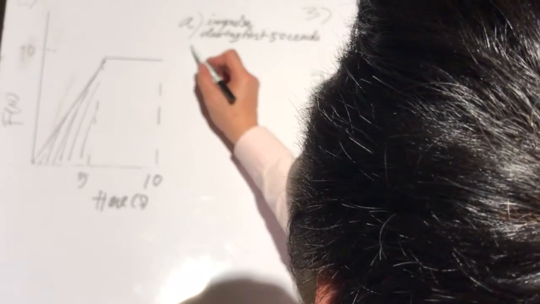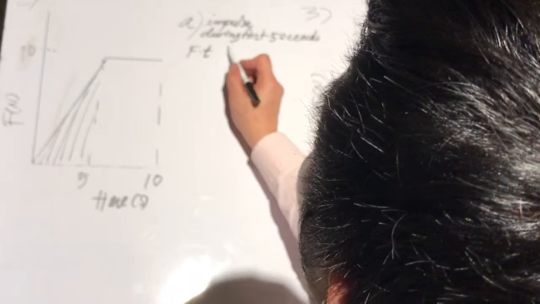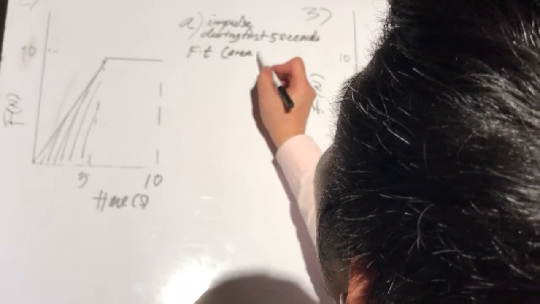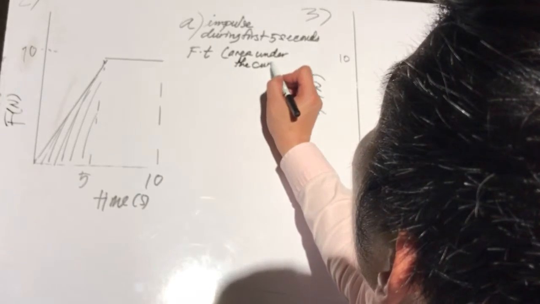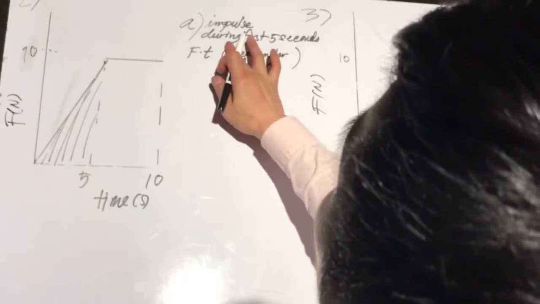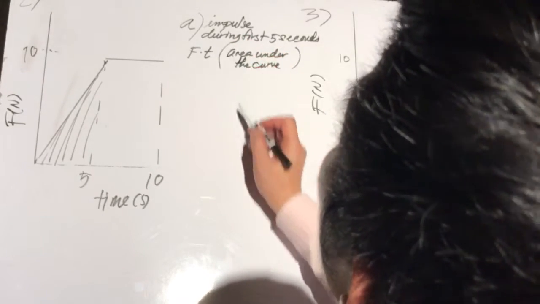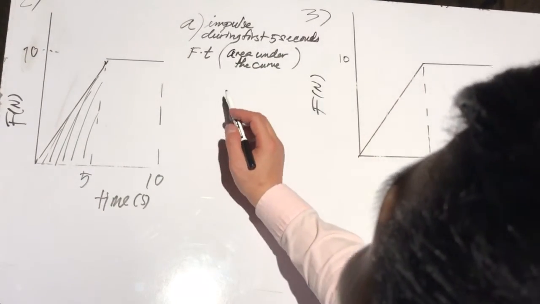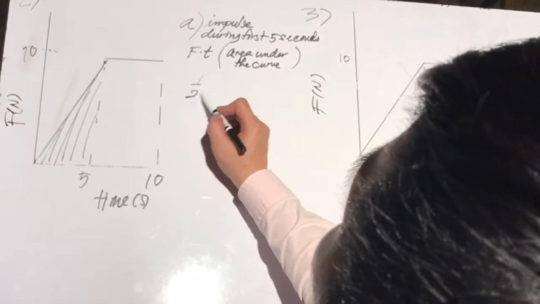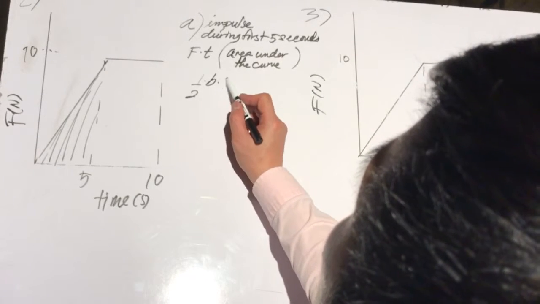Basically, I'm just going to get the area under the curve. So it will be F times t is equal to the area under the curve. This one just happens to be a triangle, so the area under the curve is 1/2 base times height.